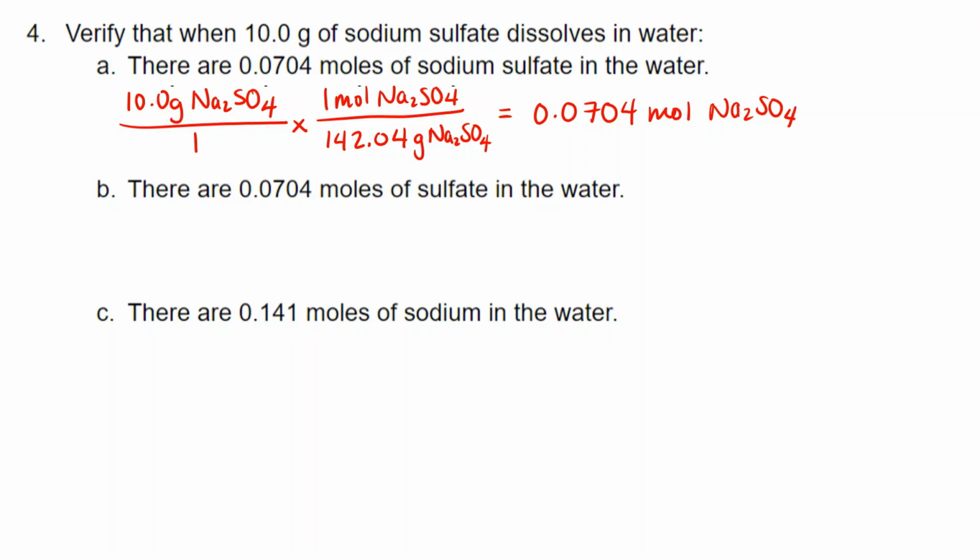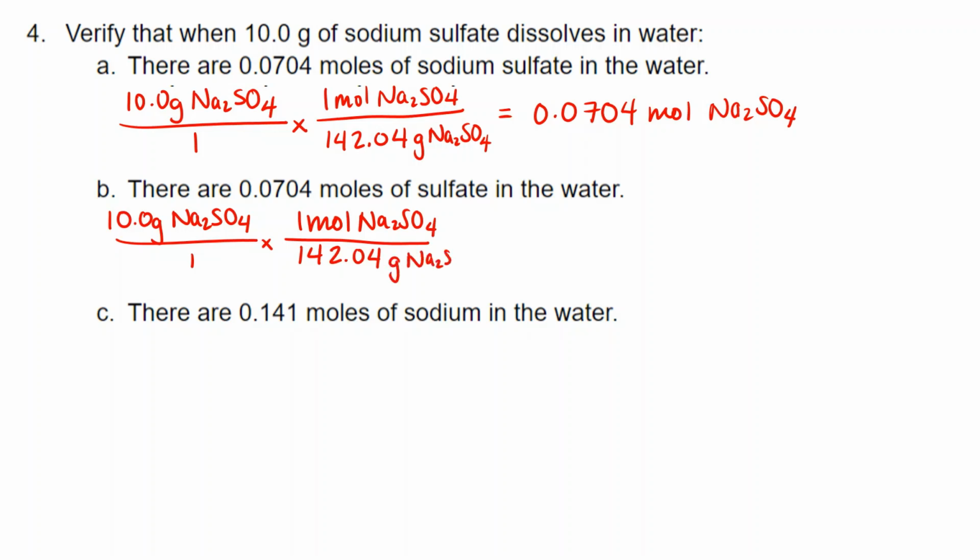Now the next one, we want just moles of sulfate. So I'm going to start this out pretty similar, where I'm going to take my 10 grams of sodium sulfate and convert it into moles. But this will give me moles of sodium sulfate, and I'm looking for just moles of sulfate.